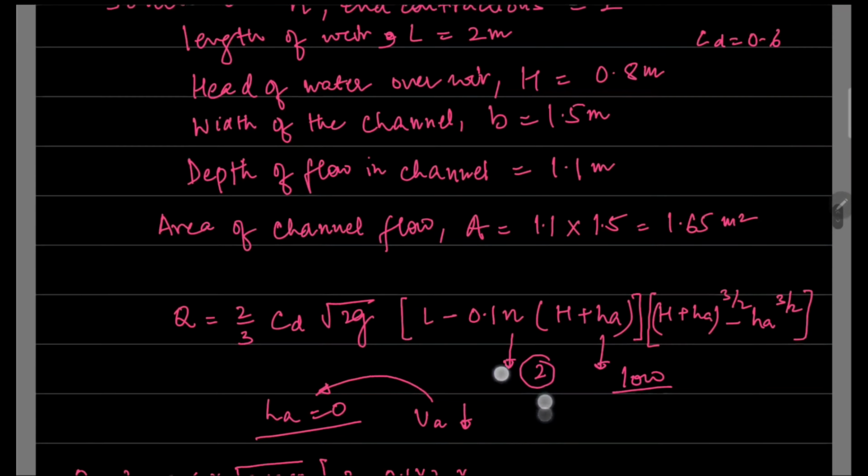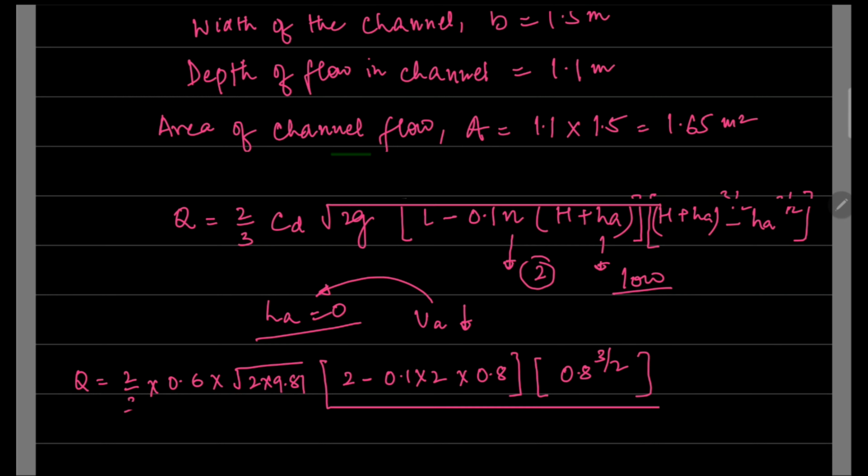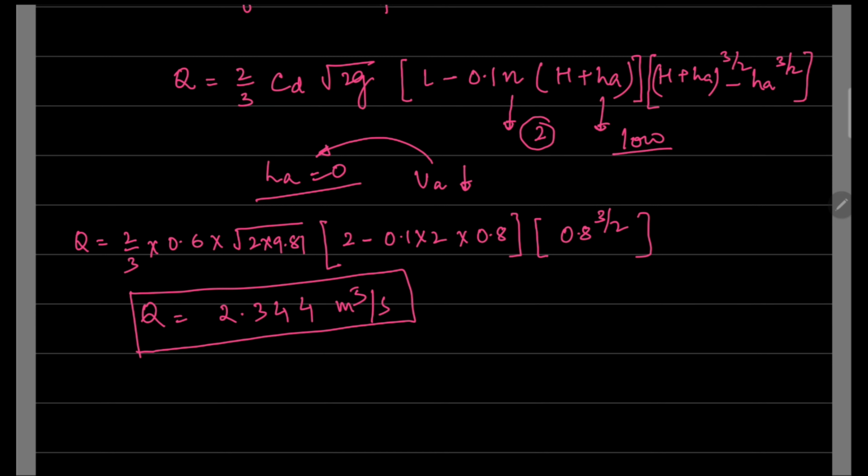However, total capital H is 0.8, that is your head, and then 0.8 raised to the power 3 by 2. HA we have considered 0. So using this, we will estimate the Q value. Calculation gives that Q value is equal to 2.344 meter cube per second.